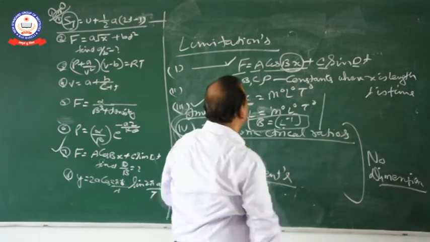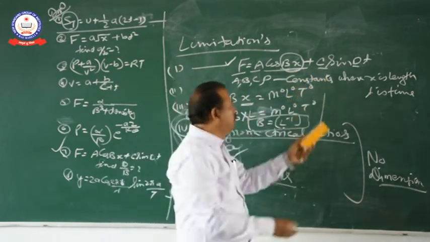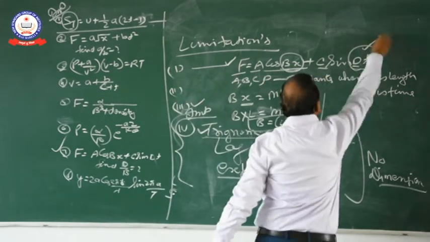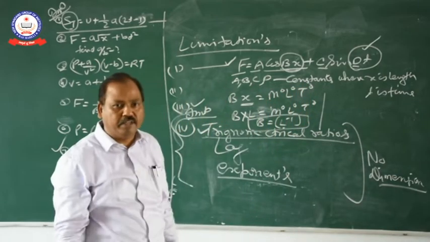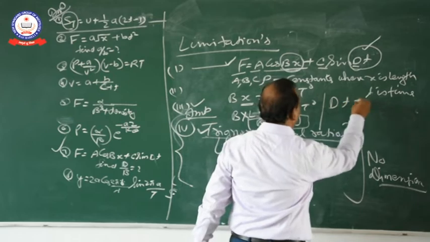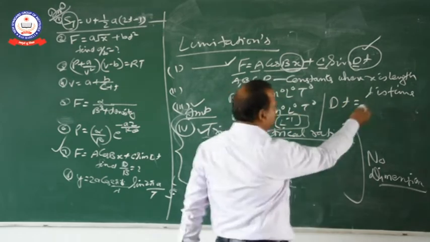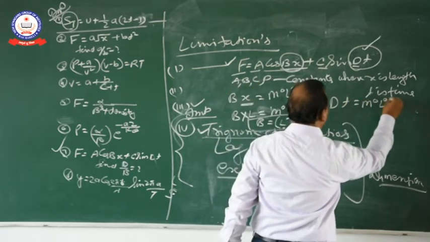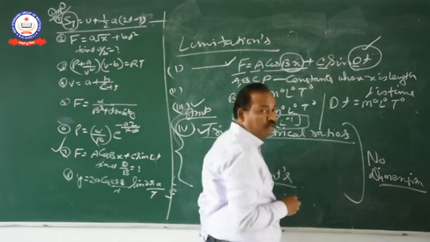Very similarly, this is also dimensionless: dt is equal to m raised to power 0, l raised to power 0, t raised to power 0.